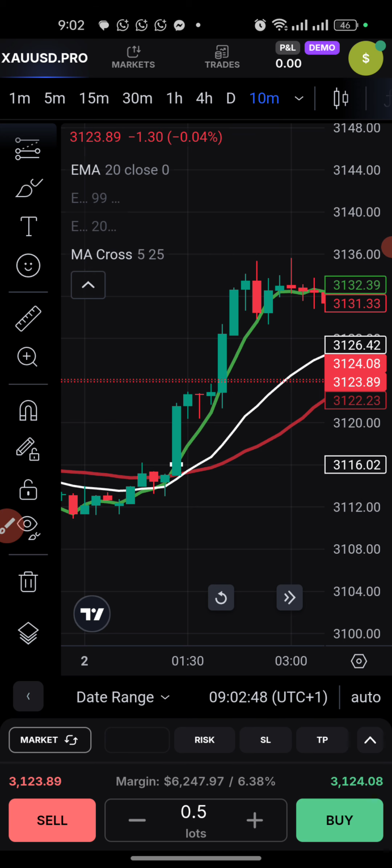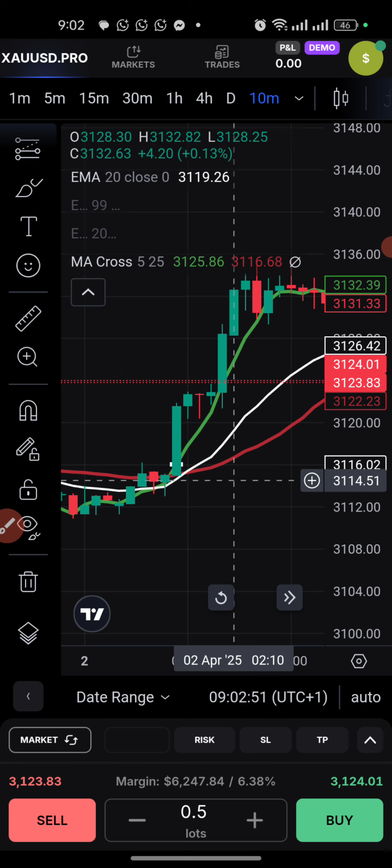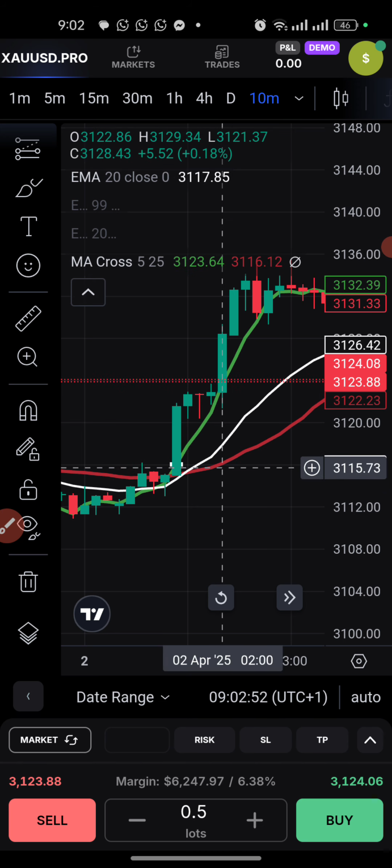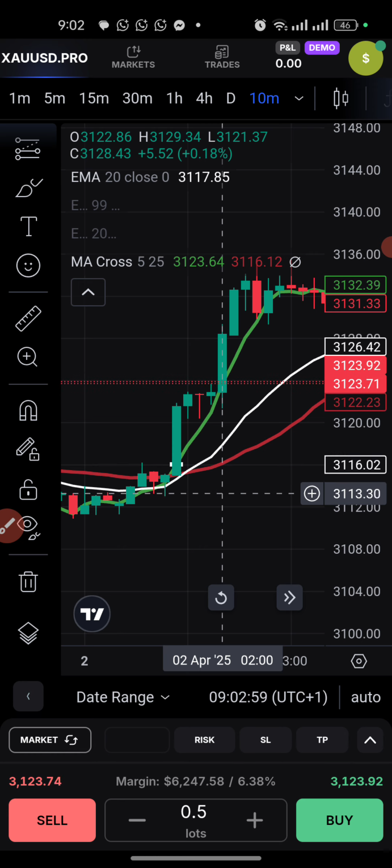So if we look here, the cross happened here, 3115. A good stop loss would have just been below, so you can use a 30 pip stop loss. If you entered at 3115, 3112, or 3111, use a 30 or a 40 pip stop loss.